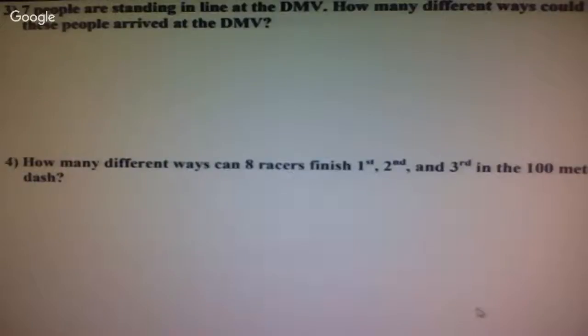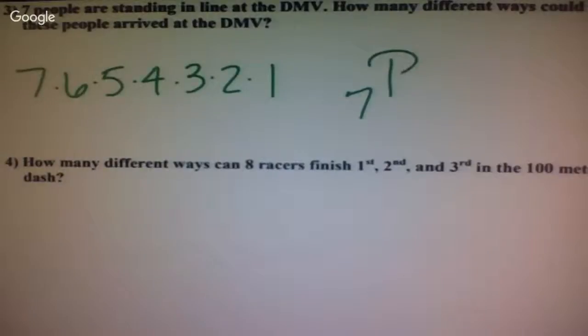So what do I start at here? 7. How far do I go down if I'm lining up everybody? We go clear down to 1. I want everybody in line: 6, 5, 4, 3, 2, and 1. This is 7 permutate 7, or 7 factorial.